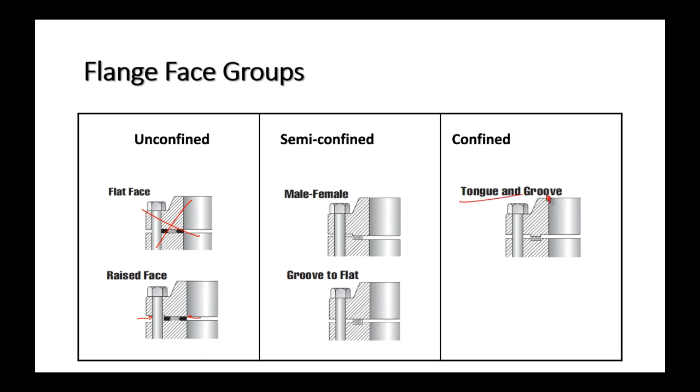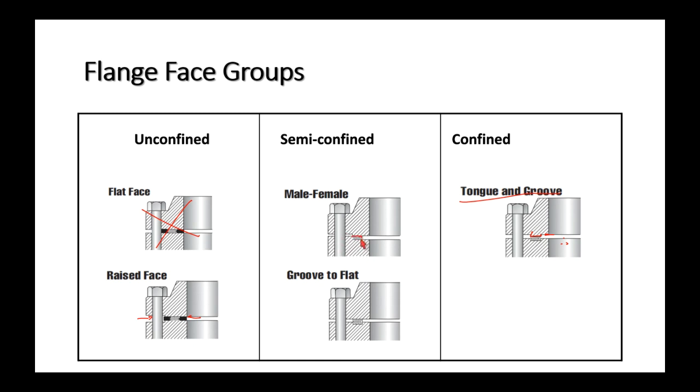The confined, here you can see a tongue and groove, and you can also say the ring joint does the same type of thing, where the actual tongue and groove assembly, once this is properly compressed, there is no access to the gasket by the fluid that's inside of the pipe. Now, a semi-confined is somewhere in between the two.